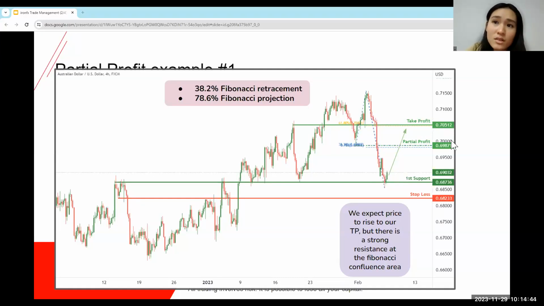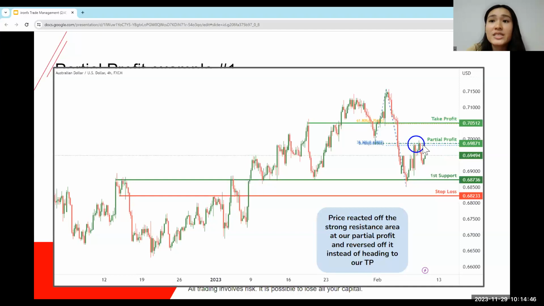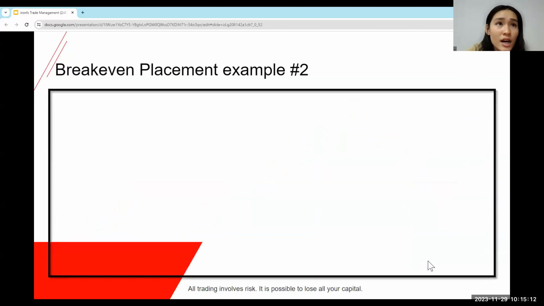We see over here that price indeed did react off of the strong resistance area at this partial profit level, and it reversed off of it instead of heading towards our take profit. So in this case, we were able to get out of the trade with a little bit of profit, even though the trade didn't go according to how we planned it. Okay, pretty straightforward, I think.